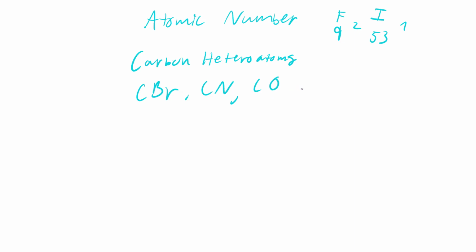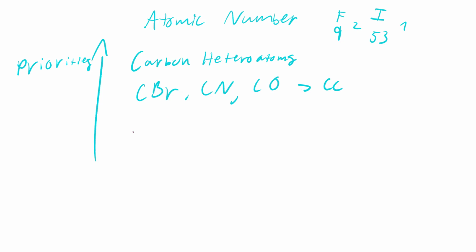And those are a lot better than just carbon. A carbon with a different atom is going to have a higher priority than a carbon with another carbon. So first I'm going to look for my atomic number, and then I'm going to go to carbon heteroatoms.